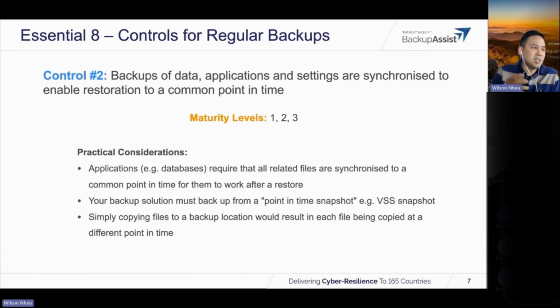This is because there are many applications, for example, databases, that need all related files that are being restored to be synchronized to a common point in time for them to work. If they're not synchronized to a common point in time, then there's a chance that your database would be corrupted. So they're not usable effectively once you restore them.